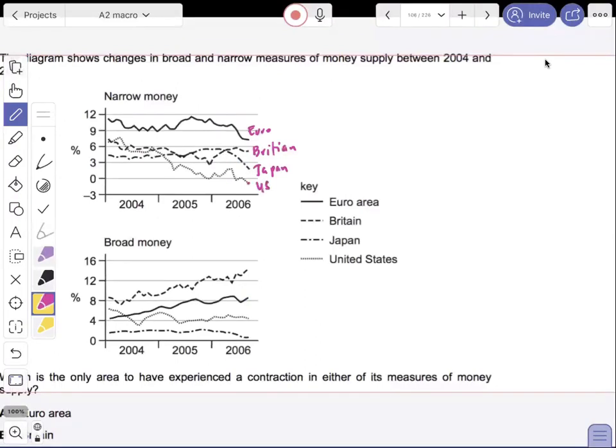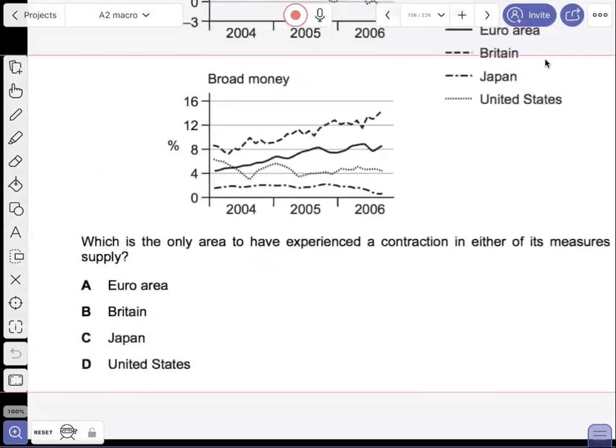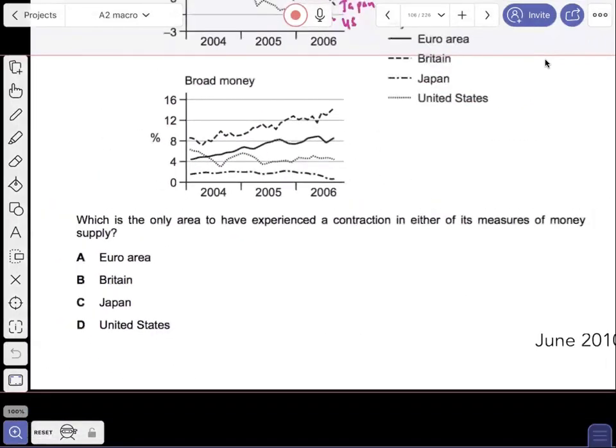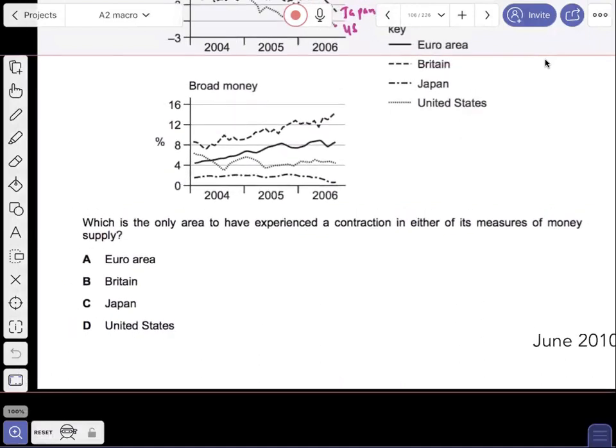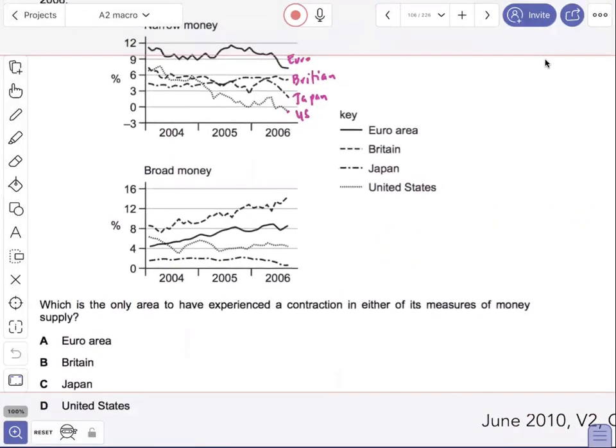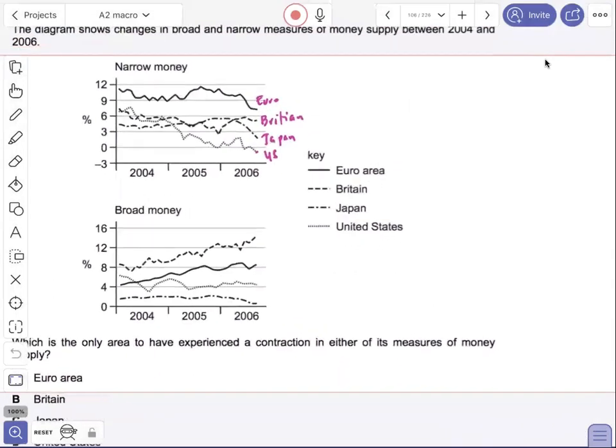Let's look at the question before we look at the graph. Which is the only area to have experienced a contraction in either of its measures of money supply? This means both narrow money and broad money must be going down.